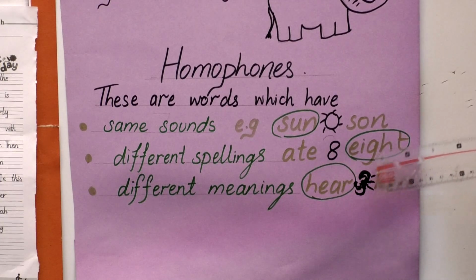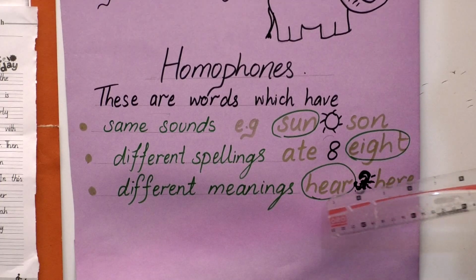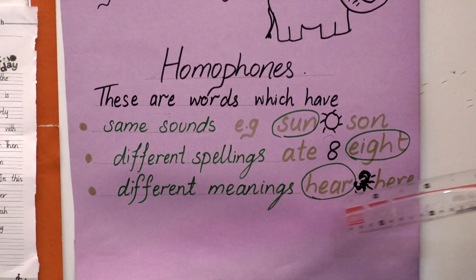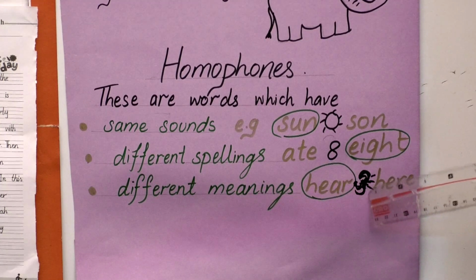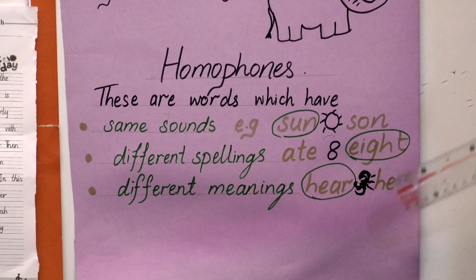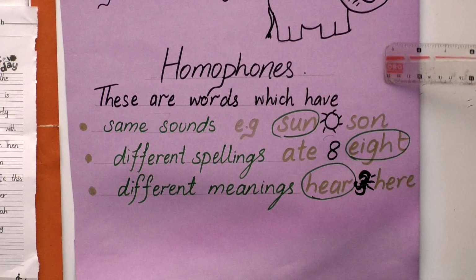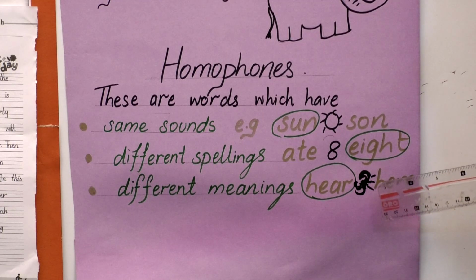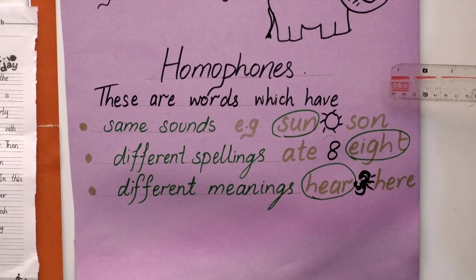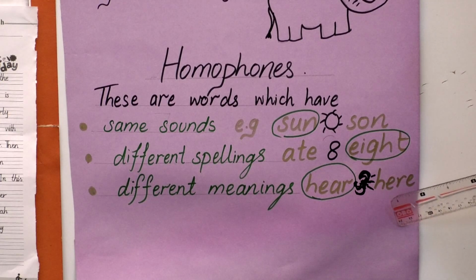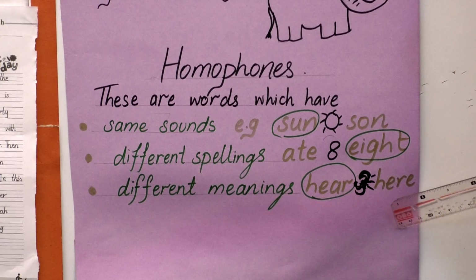Both have different spellings and different meanings. Here, hear. They have different meanings. Here means over here, and hear means to listen. Now, you can see from the details, all the words have the same sounds, but their spellings are different and their meanings are also different. These are homophones.